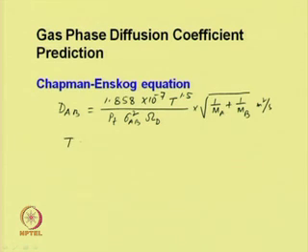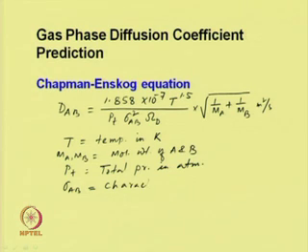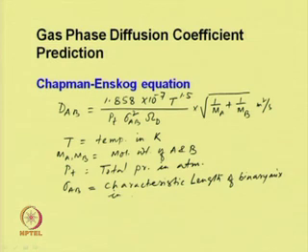Here T is the temperature in Kelvin, MA, MB are the molecular weights of A and B, PT is the total pressure in atmosphere, sigma AB is the characteristic length of the binary mixture in angstrom.